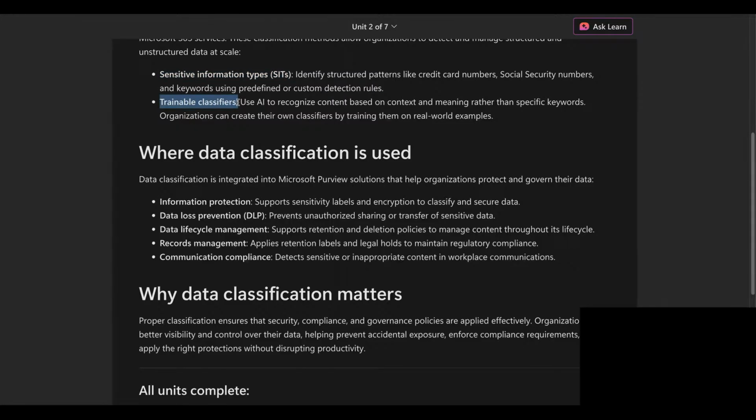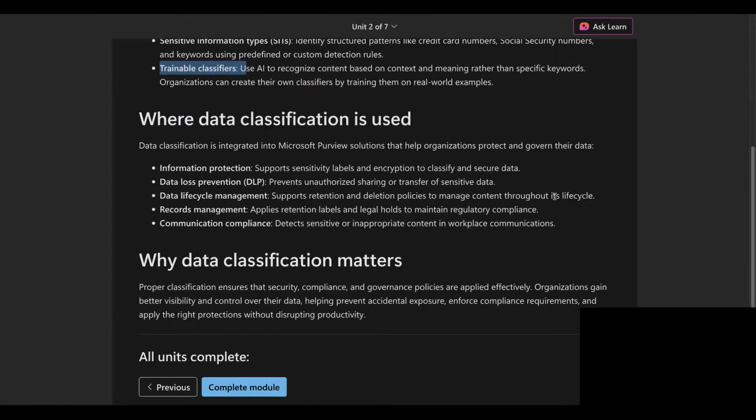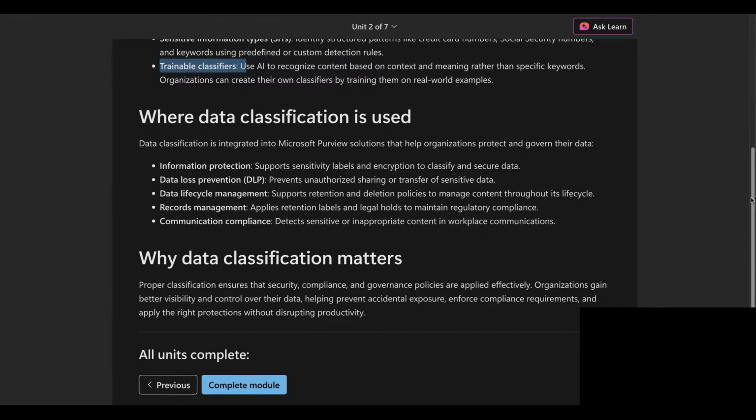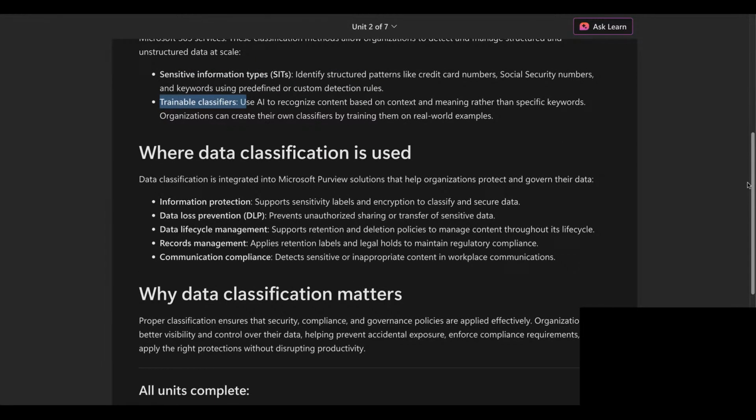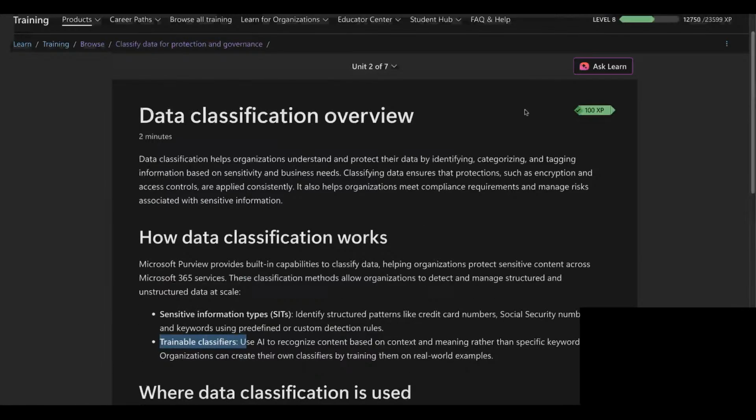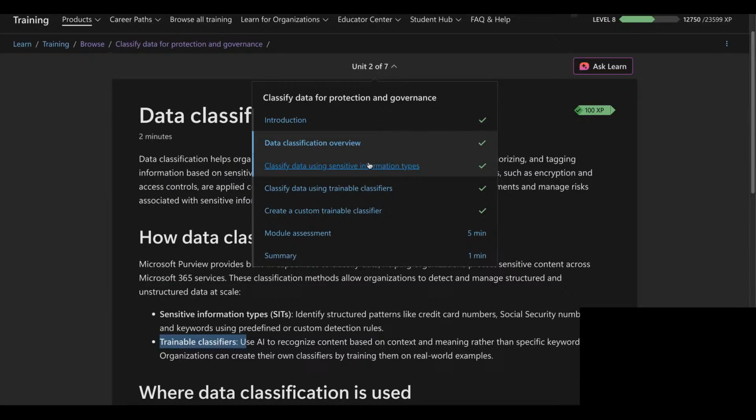If a software developer in my company is trying to steal the source code for the new application that we are creating, then this trainable classifier will identify that. This is the one you'll use. Okay, let's go to the next page.